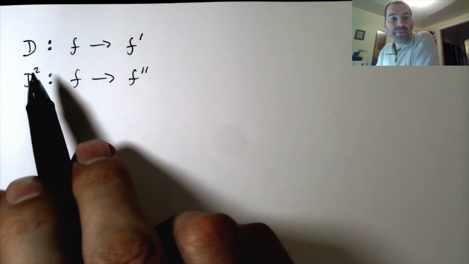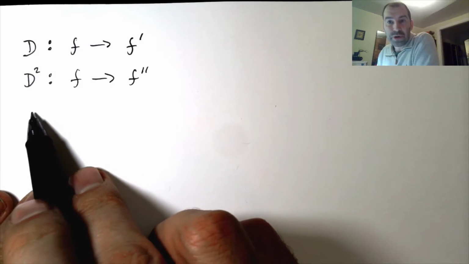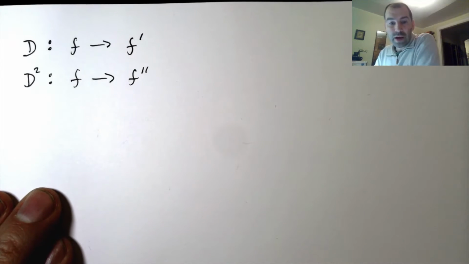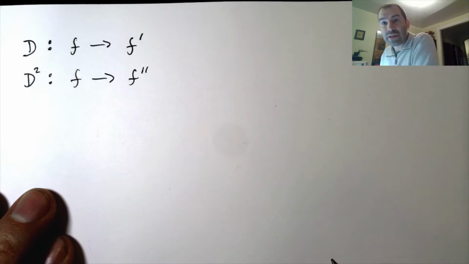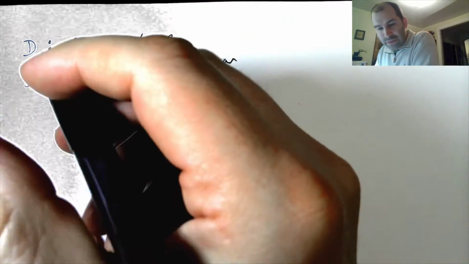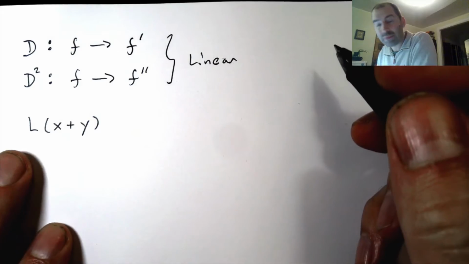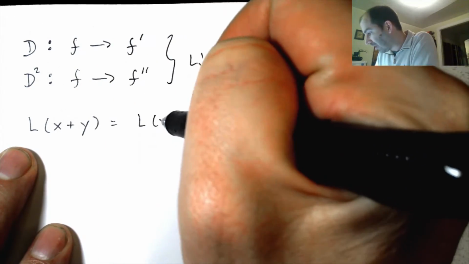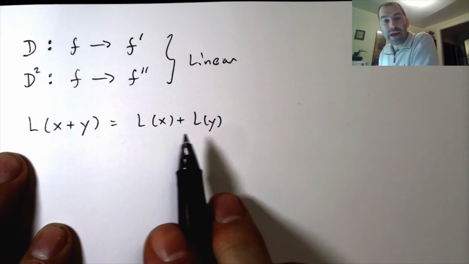Now, these operators, the derivative operators, and I could go to the third or fourth or fifth derivative, are linear. What does it mean to be linear? Well, linear means that if you have a transformation that's linear, then if I take the sum of two things and apply this to that, I get the sum of the outputs.